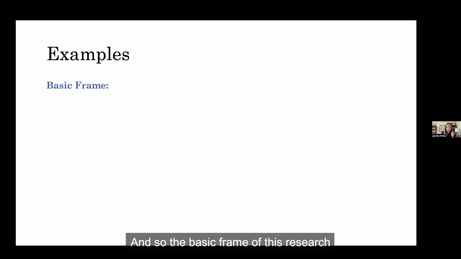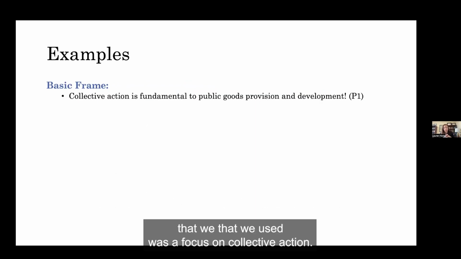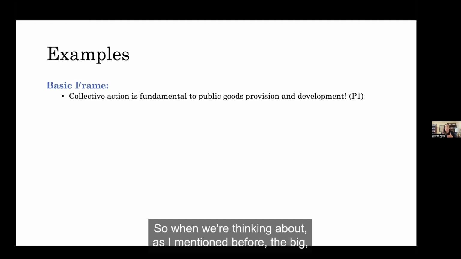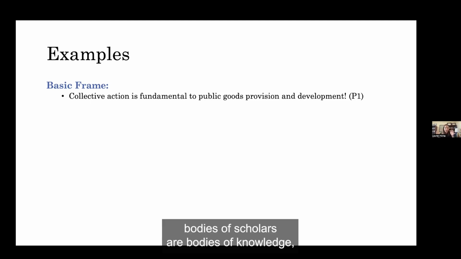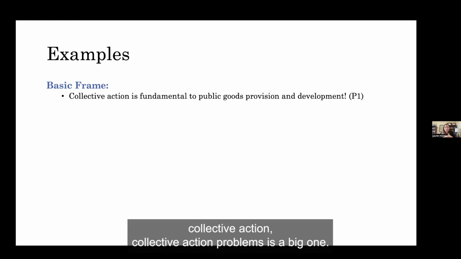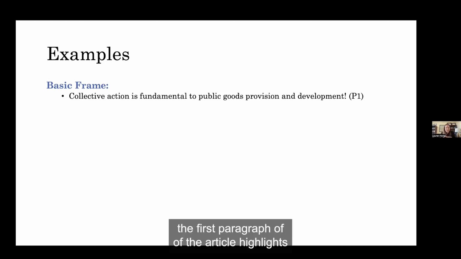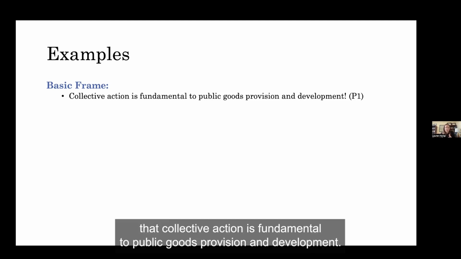And so the basic frame of this research that we used was a focus on collective action. So when we're thinking about, as I mentioned before, the big picture questions, things that are really important, bodies of scholarship, bodies of knowledge, collective action problems is a big one. And so the first paragraph of the article highlights that collective action is fundamental to public goods provision and development.